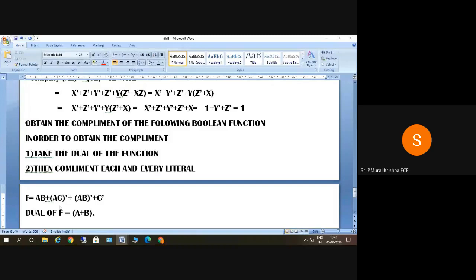Generally, plus goes to dot, right? So what I have to do, I have to perform A plus C whole bar into A plus B whole bar dot C bar. So this is the dual, correct?